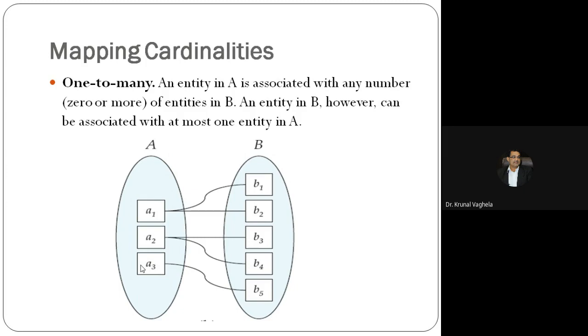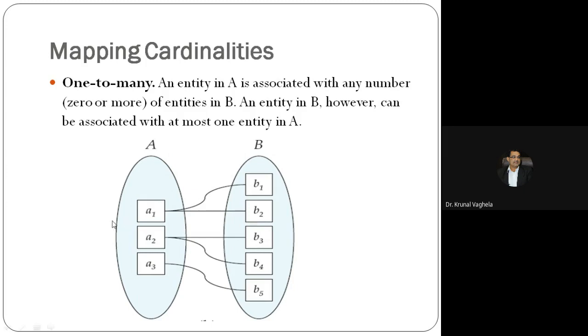Example, same as before. A professor can be mentor of many students. A teacher can be mentor of many students. But a student should have only one mentor. Do you have multiple mentors? No, but I am having multiple students. Got my point? Same in our bank. I can have multiple accounts in the bank.